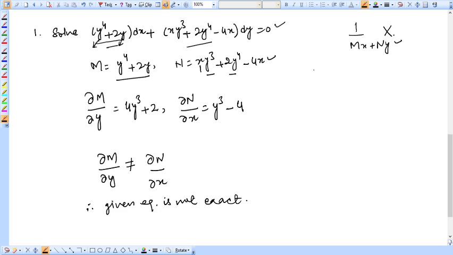Now secondly, in the second case, if the equation is in this form, y f(xy) dx + x g(xy) dy = 0, then the integrating factor is 1/(Mx − Ny), right?